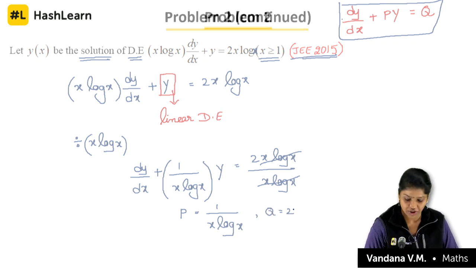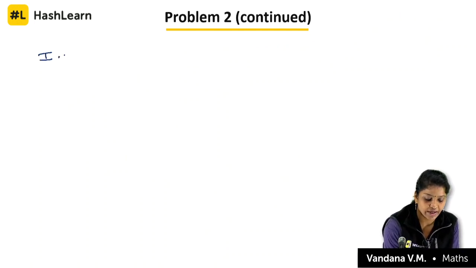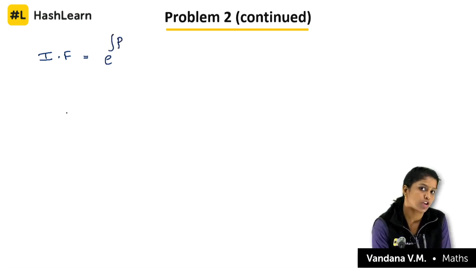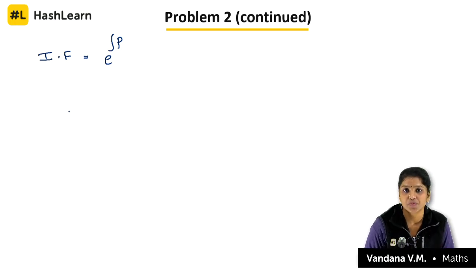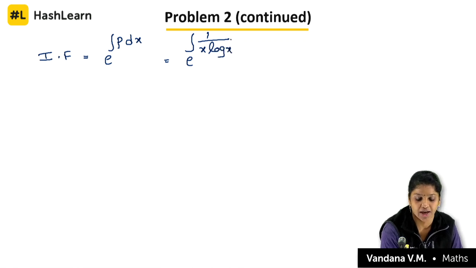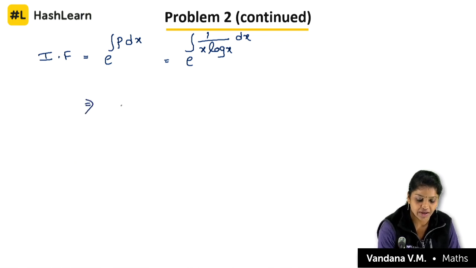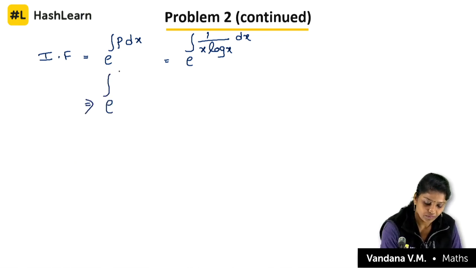In the linear differential equation, first what do you have to find out? You have to find out the integrating factor. What is your integrating factor? Is it e power integral p dx or p dy? P is in terms of x, so p dx it is: e power integral 1 by x log x. Many times I discuss this kind of integration. This can be written as 1 by x divided by log x dx, which is very important for your boards also.